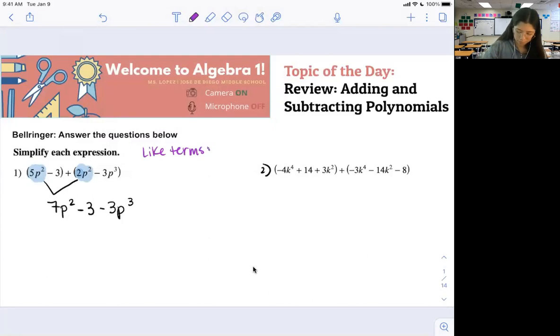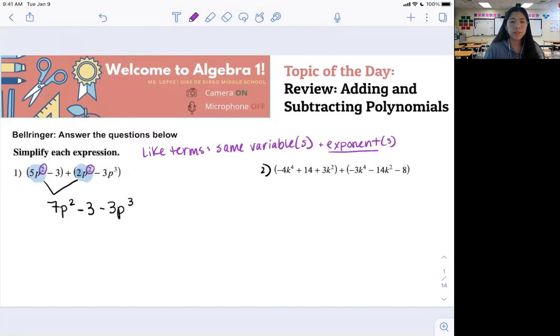Same variable and same exponent. So it's all about the exponent. If you look, these two are matching because they both have a 2, but the others don't. So that's why those are the only ones that are like terms. Does that make sense?